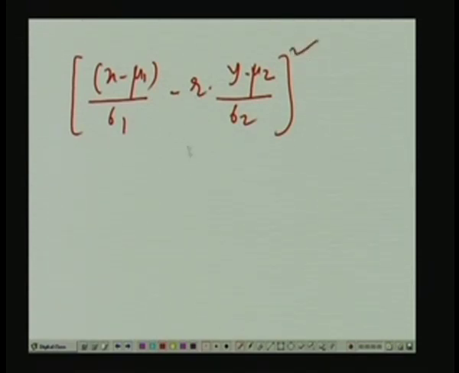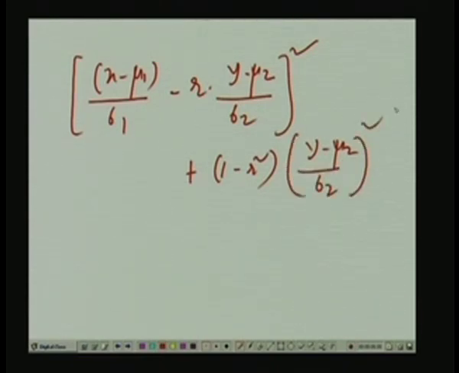So, I am bringing an additional term. So, this has to go out: 1 minus r square into y minus the same thing, whole square.